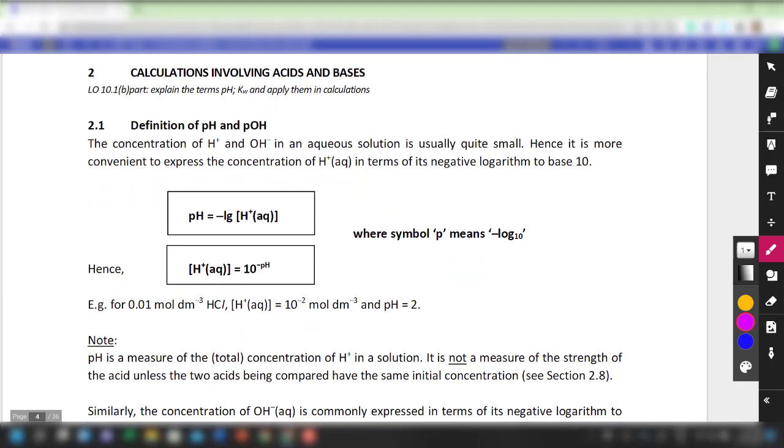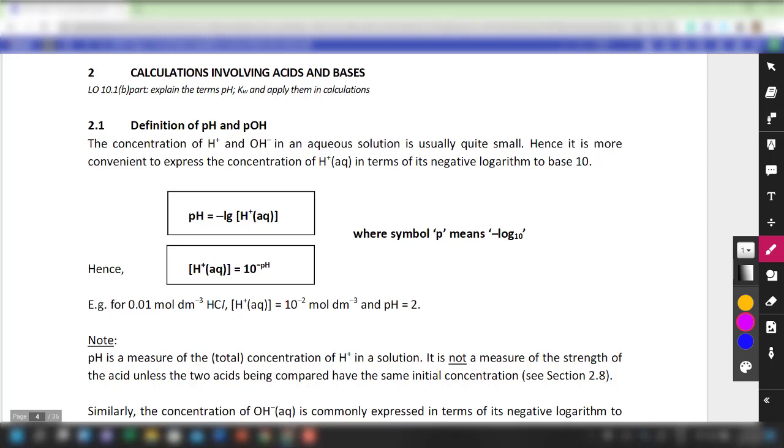Okay, so without further ado, we'll move on to topic 2 on calculations involving acids and bases. As you might have remembered from the earlier chemical equilibrium and solubility product topic, for any equilibrium calculation, you can use an ICE table to help you with visualization to work through the problems.